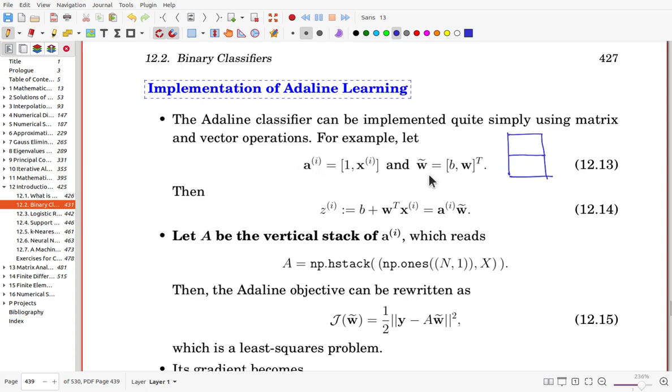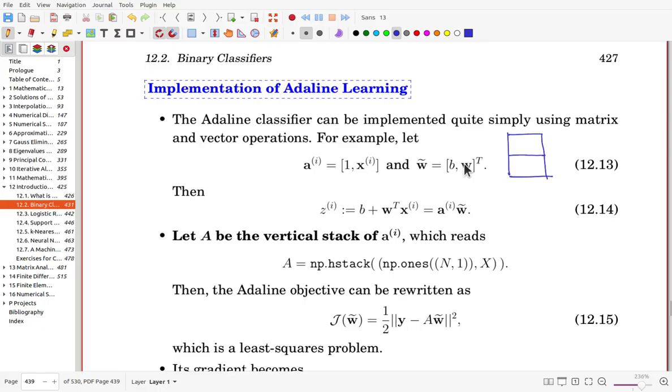And also, we consider the combined variables b and w, the combined weights, in fact. Then zi, which is b plus w transpose xi, can be written as ai w tilde.